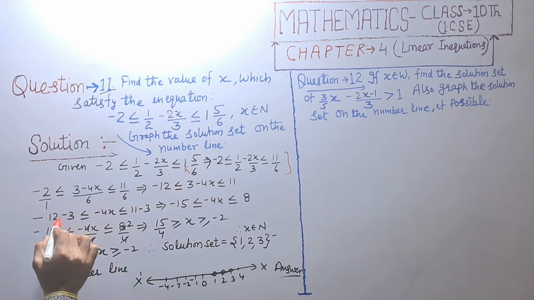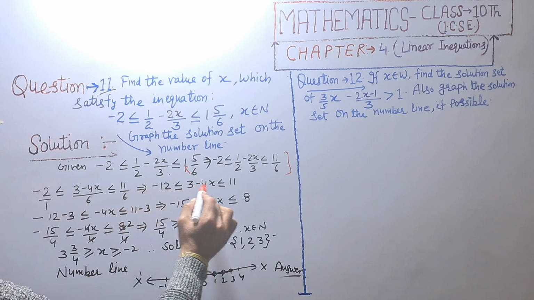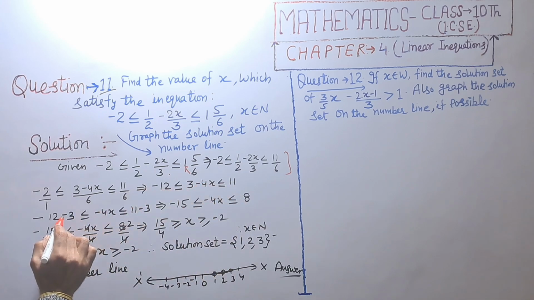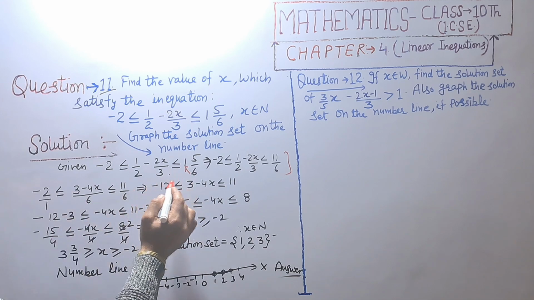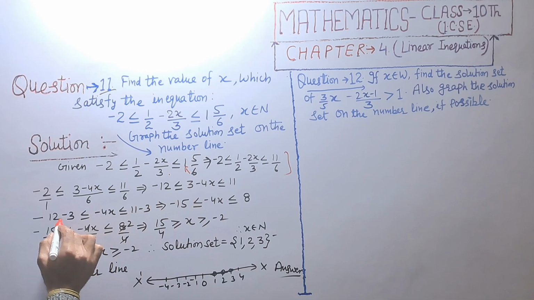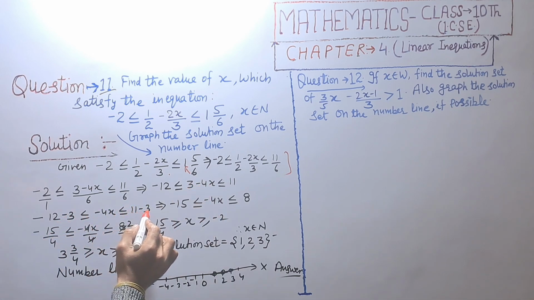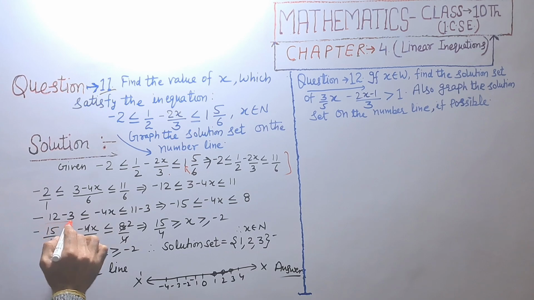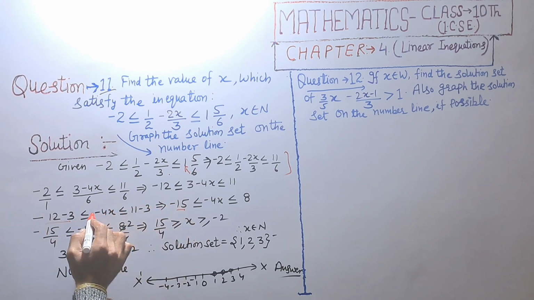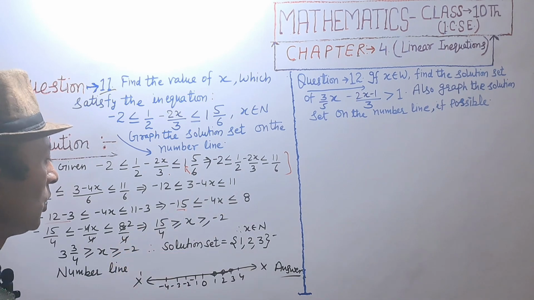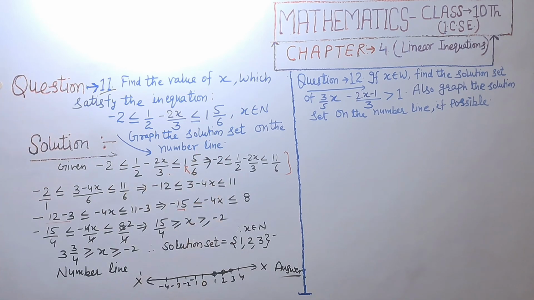We are subtracting 3, shifting it from the left side to the right side, so it becomes -3. So -4x ≤ 11 − 3, and -12 − 3 is -15, so -15 ≤ -4x ≤ 8.